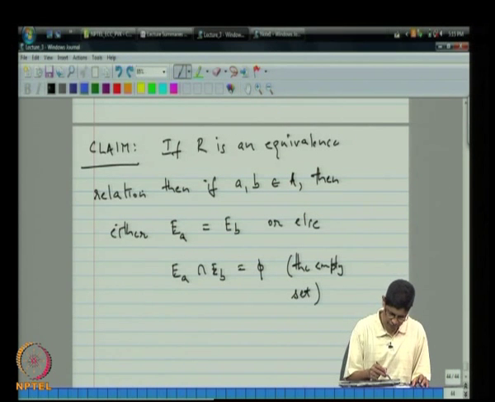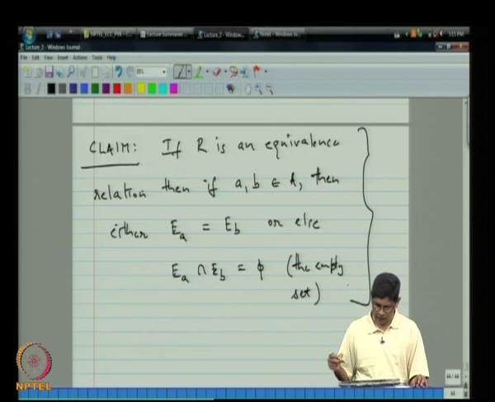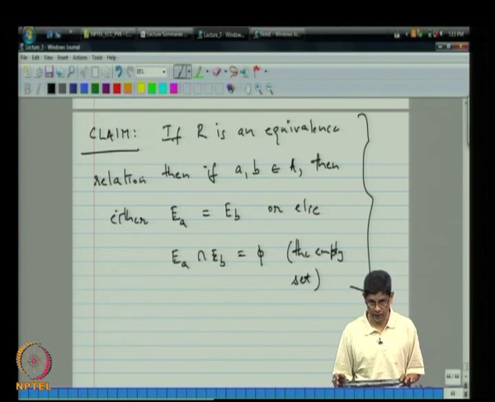This is like an all or nothing property.